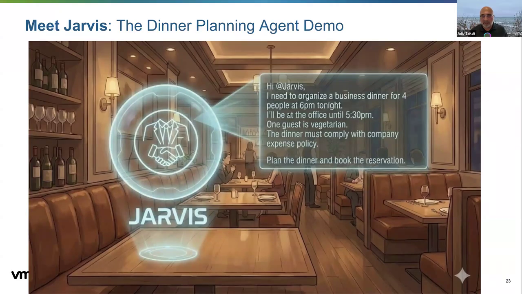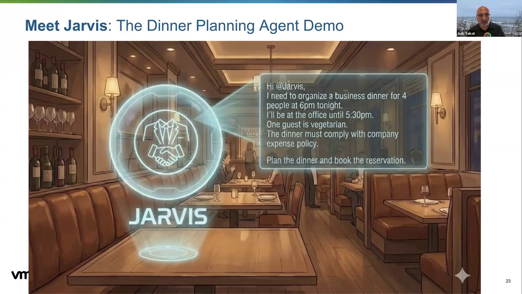Now, you can see from this, there are some explicit constraints, like it's at 6 p.m. tonight and there's 4 people. There are some implicit constraints. Like when I say I'll be at the office till 5:30, well, that means I need to get to the restaurant by 6 p.m., which means it should know where my office is, right?